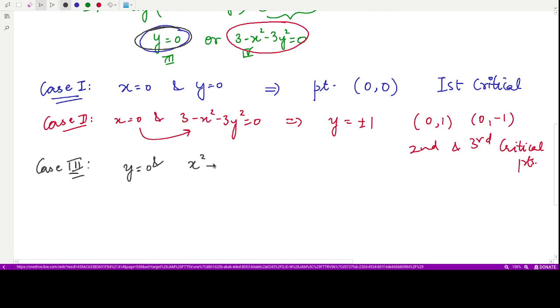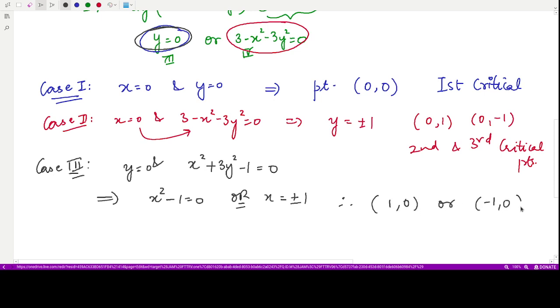When you solve these two equations simultaneously, you obtain x square minus 1 is equal to 0, or x is equal to plus minus 1. Therefore, the points that you obtain are 1, 0 and minus 1, 0. So you got your fourth and fifth critical points from here, right?